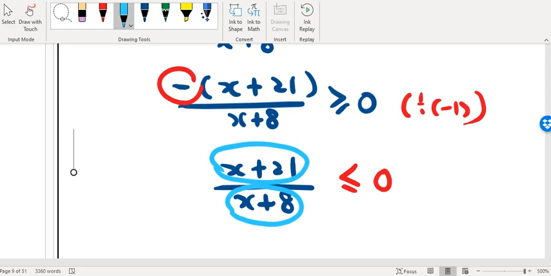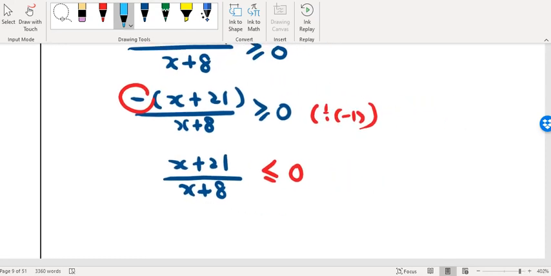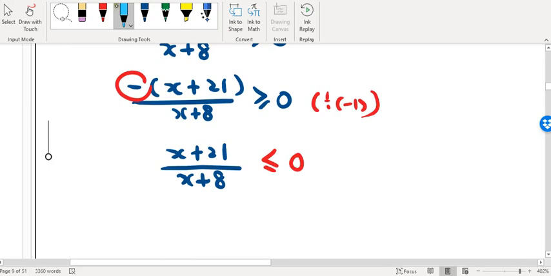Fair and square. Still remember the basic rules and regulations for a rational number to fulfill? Yes, you need to ensure your denominator cannot be 0. So we need to set that x plus 8 cannot be 0.